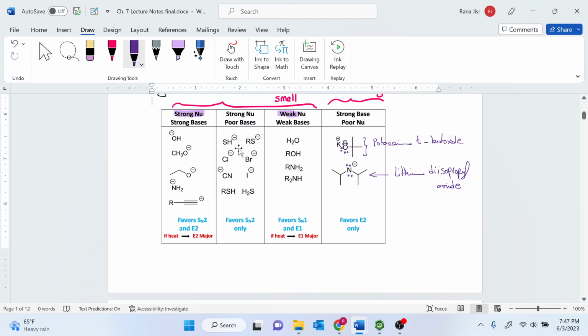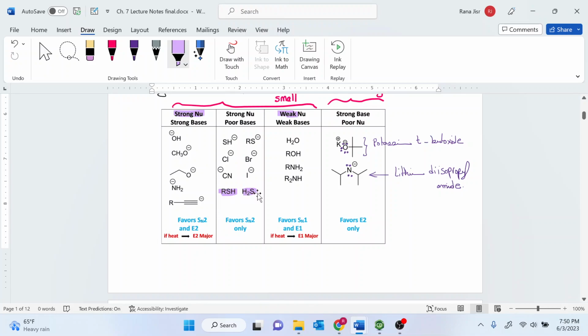On the other hand, if I have any of those nucleophiles, these are nucleophiles, these are not bases. Now notice the sulfur nucleophiles. We keep saying that strong nucleophiles are negative charge nucleophiles and strong bases are negative charge bases. That's true, with the exception of sulfur.